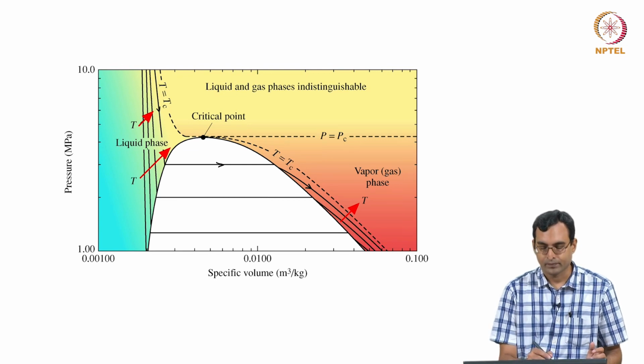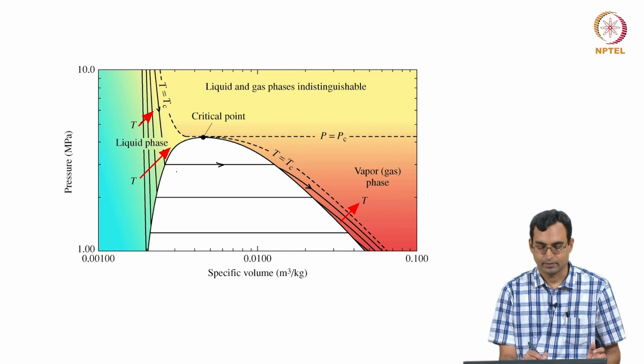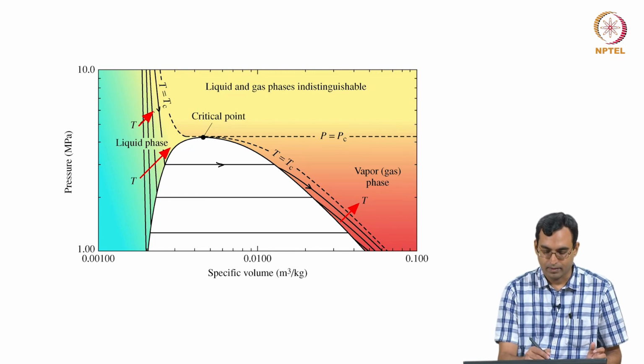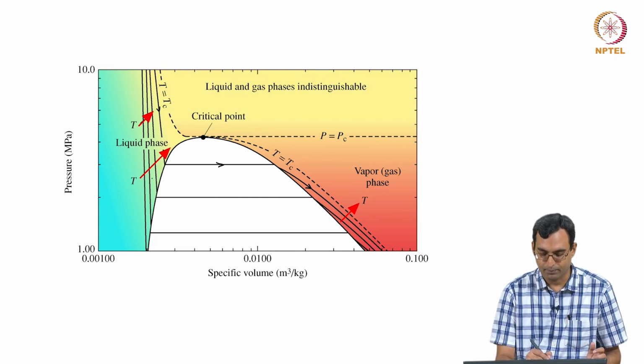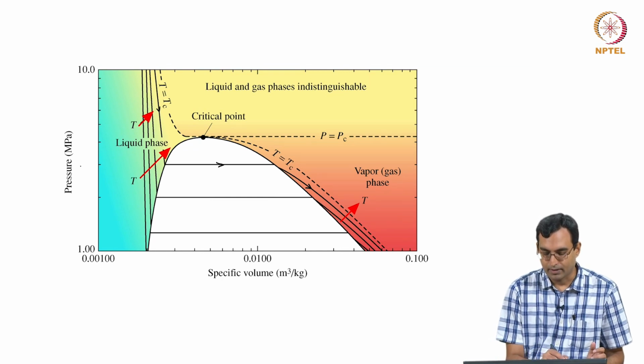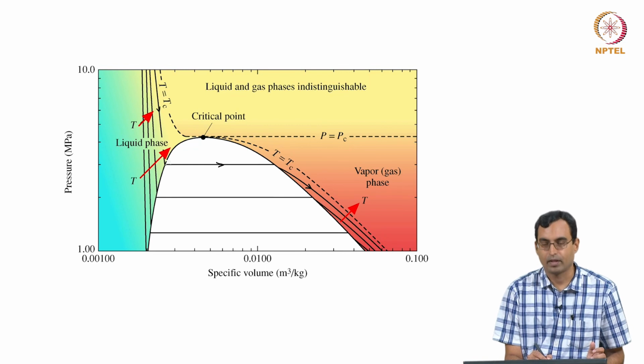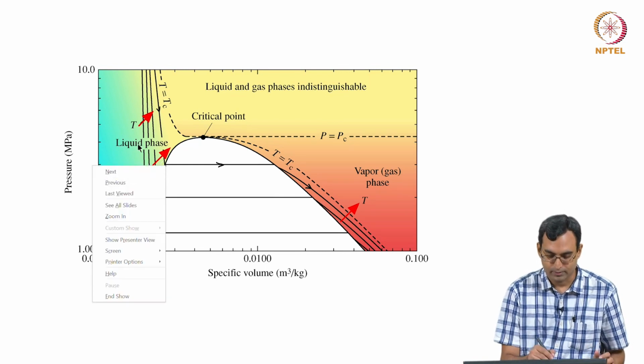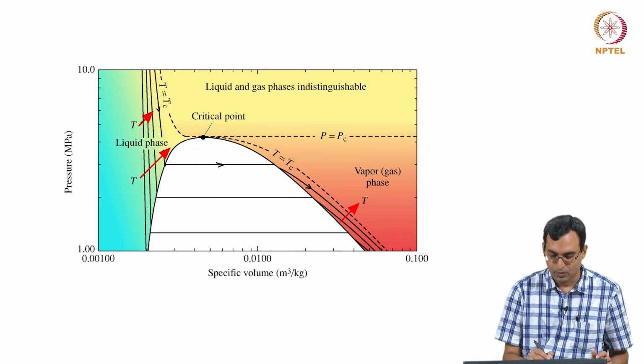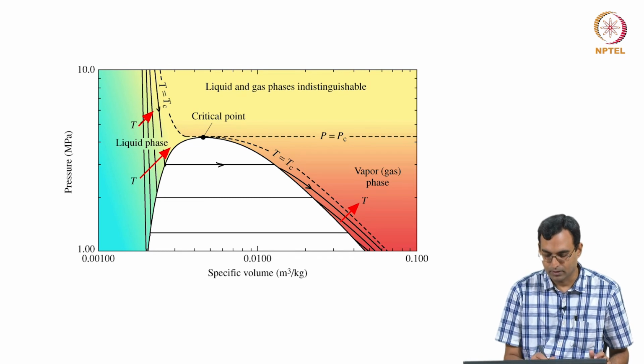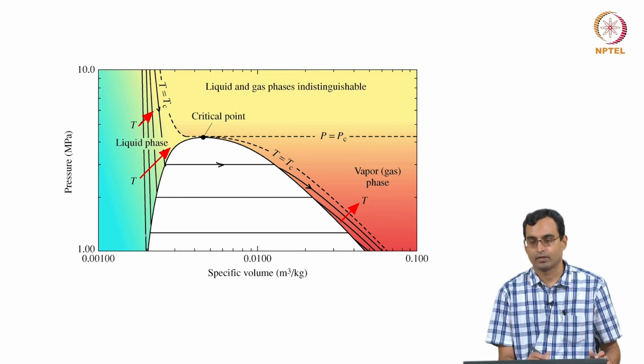As you go to higher temperatures, you start getting vapor earlier. So, if you take this isotherm, even at a pressure of around this, you have vapor, whereas if you are at an isotherm here, you will get vapor only when you come down to a very low pressure. So, that is something which we see.